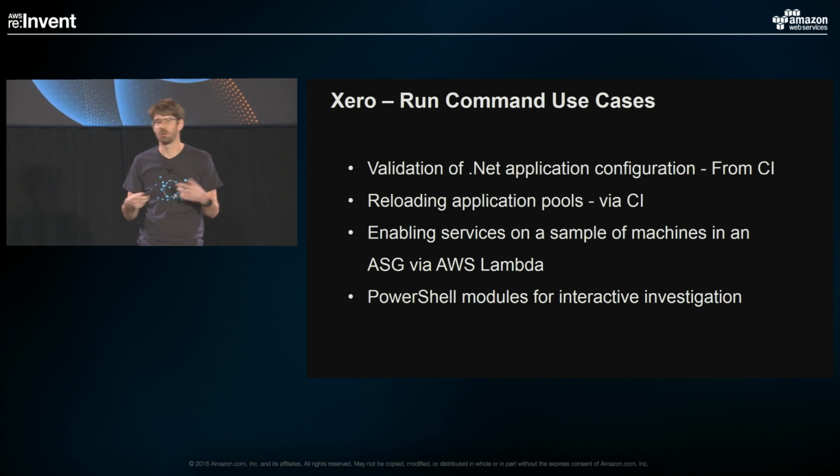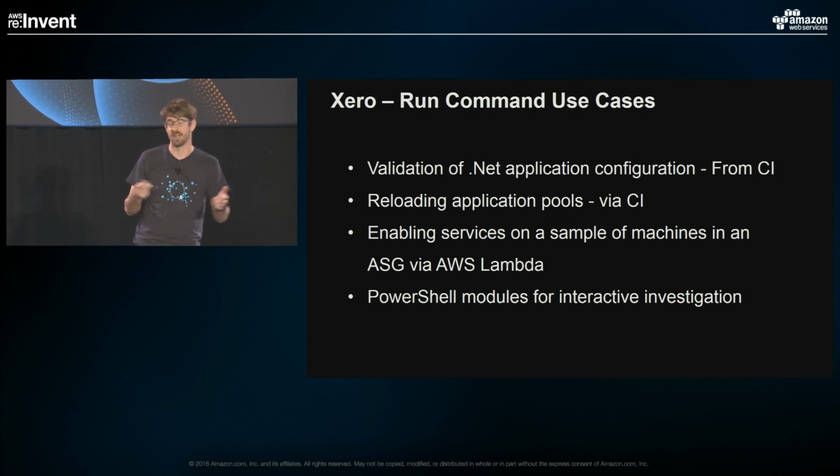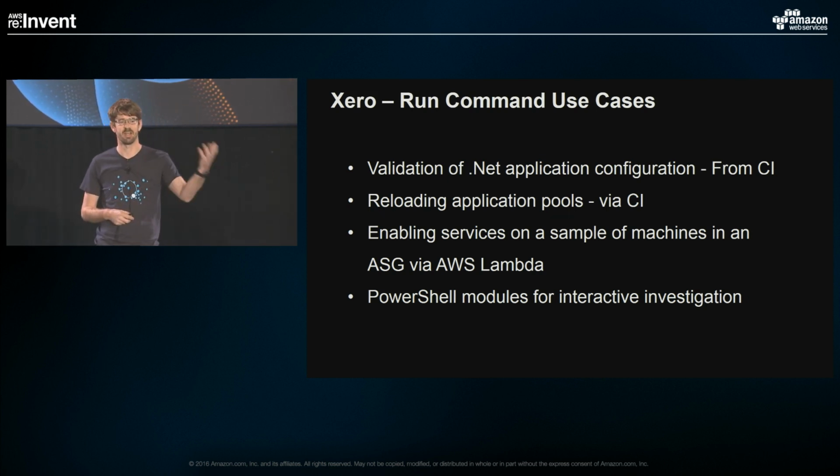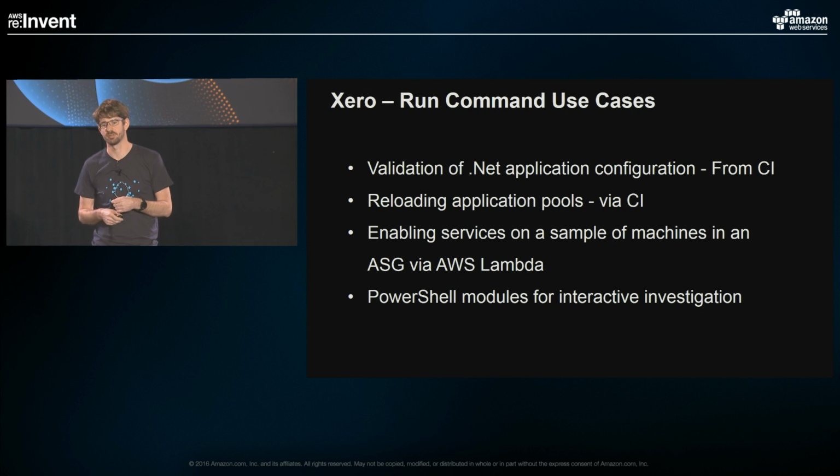So you need to have a way of turning on that service on only some. And using Lambda and Run Command, defining a set of hosts, and then finding a sample of them and using Run Command to turn on a service on those.